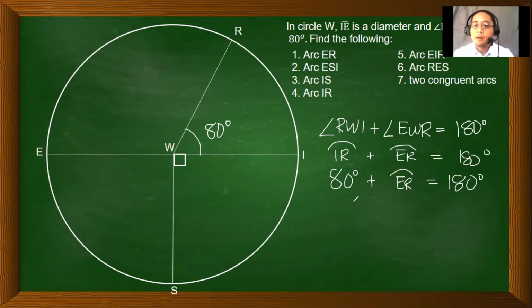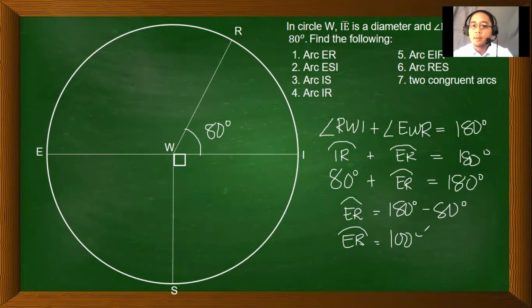So if we subtract both sides by 80 degrees, 180 subtracted by 80 degrees, the result is 100 degrees. So arc ER is 100 degrees. Take note, we use the measurement of arc IR as 80 degrees based on the central angle theorem.